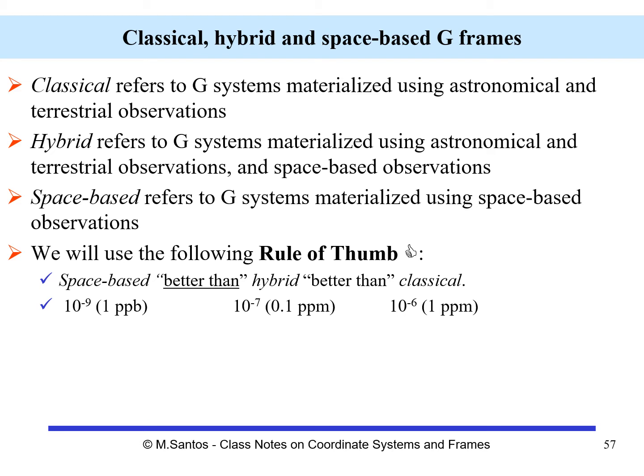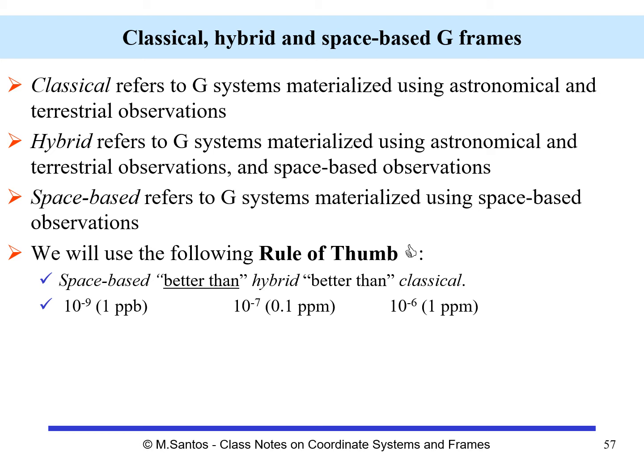So the hybrid contains terrestrial observations, may contain astronomical observations, and will contain at least a few points that have been determined using space-based observations.